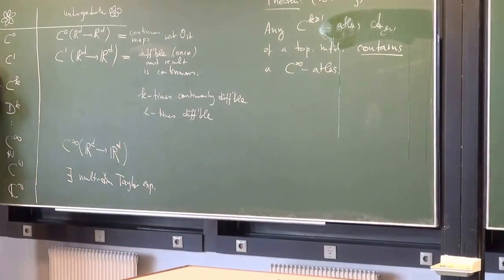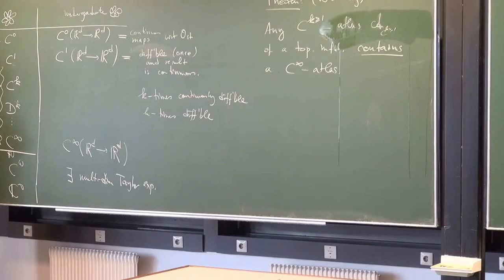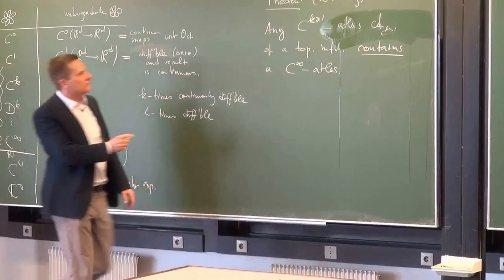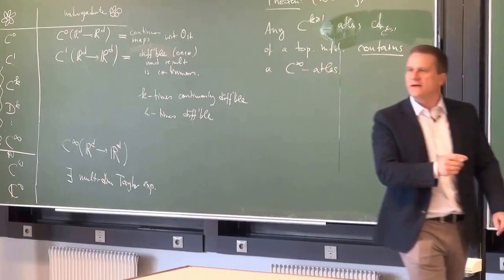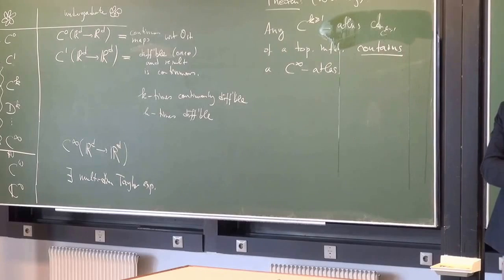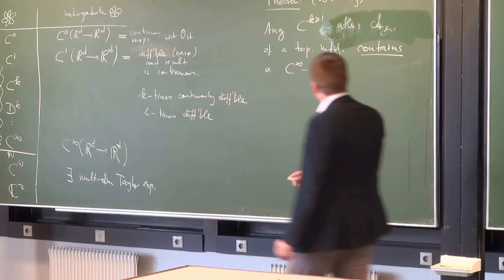This might or might not work, to choose such an atlas for a given topological manifold. But once you arrive here, you trickle down right up to here. Meaning, in the future, I will not specify which C^k. I will always use smooth manifolds.